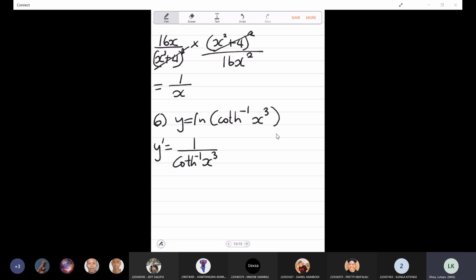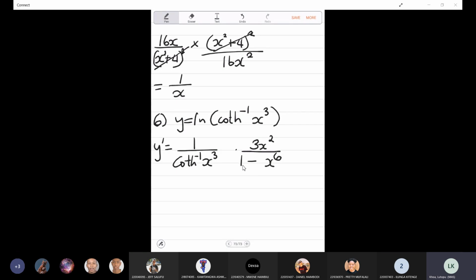So as you know, in the numerator we just have the derivative of this function, so x cubed. When we differentiate it, we get 3x squared, and then in the denominator we say 1 minus our function squared. This is 1 minus x cubed squared is x to the power of 6.